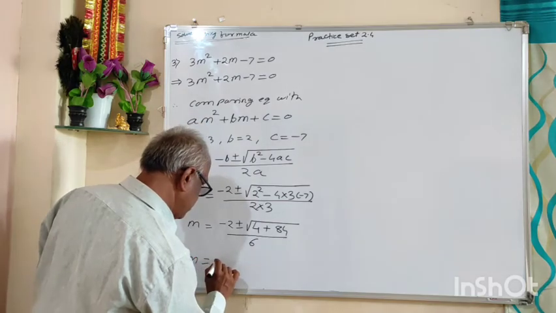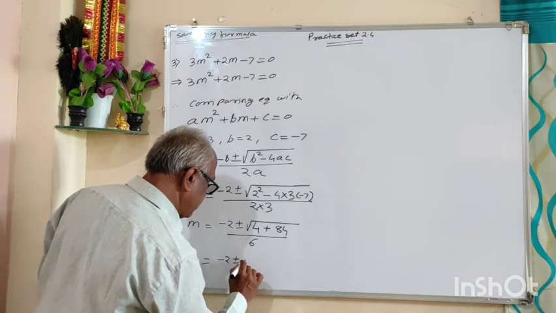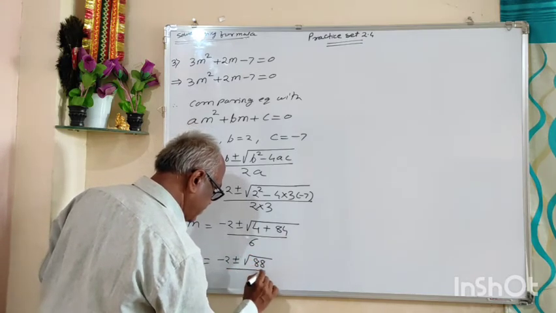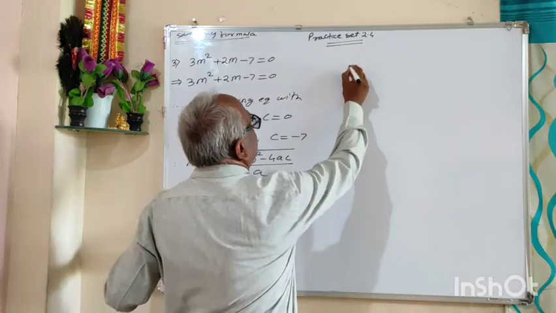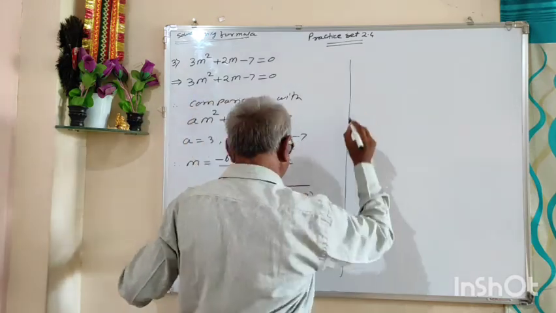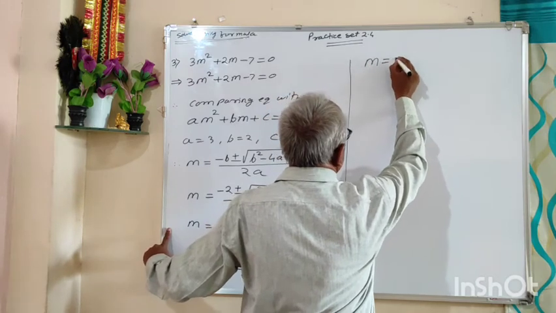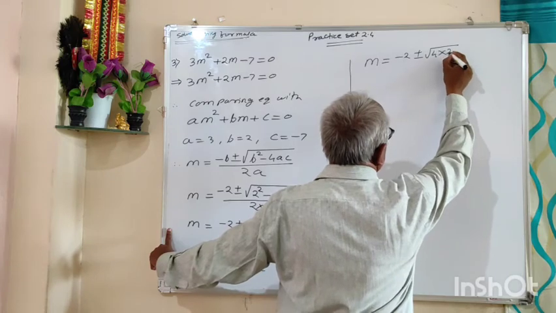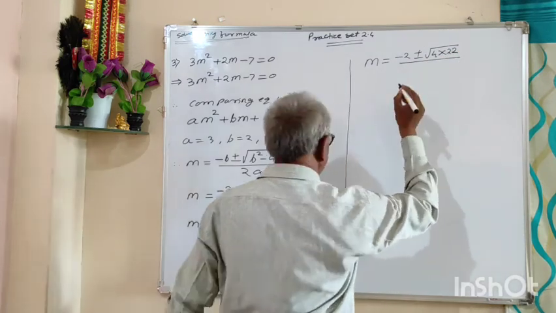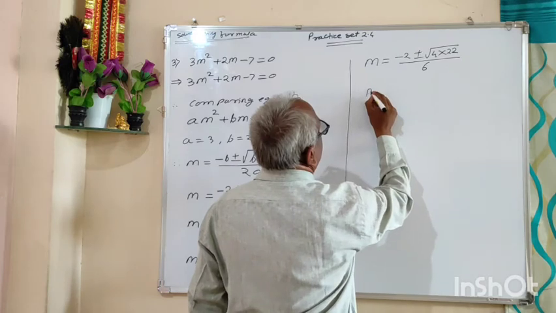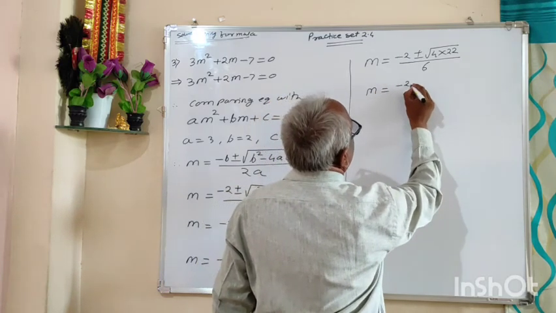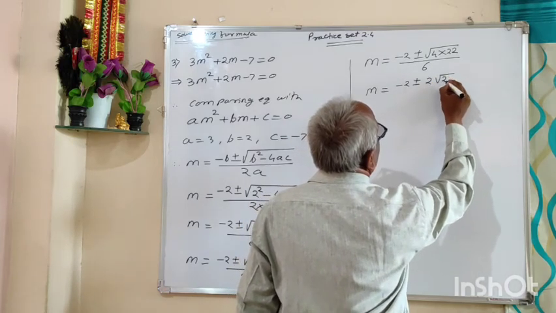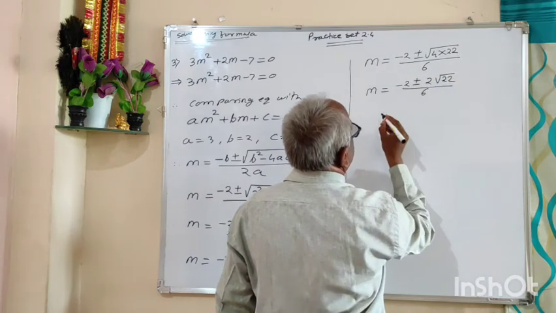Therefore m is equal to minus 2 plus or minus under root 4 plus 84, that is 88 upon 6. Therefore m is equal to minus 2 plus or minus under root 4 into 22, that is 88 upon 6. Therefore m is equal to minus 2 plus or minus square root of 4 is 2 under root 22 upon 6.